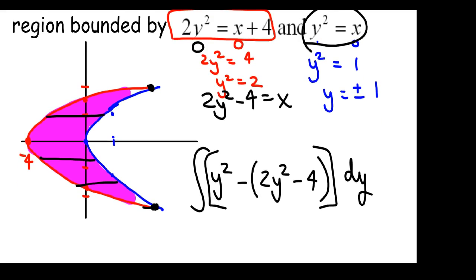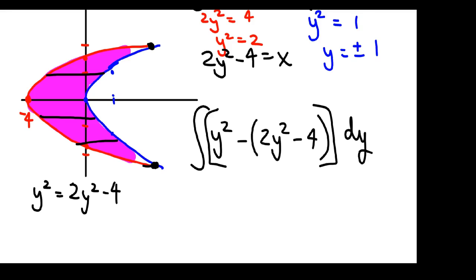So I would have y squared equals 2y squared minus 4, which means that y squared equals 4, or y equals plus or minus 2. So the y coordinate here is negative 2. The y coordinate there is positive 2.